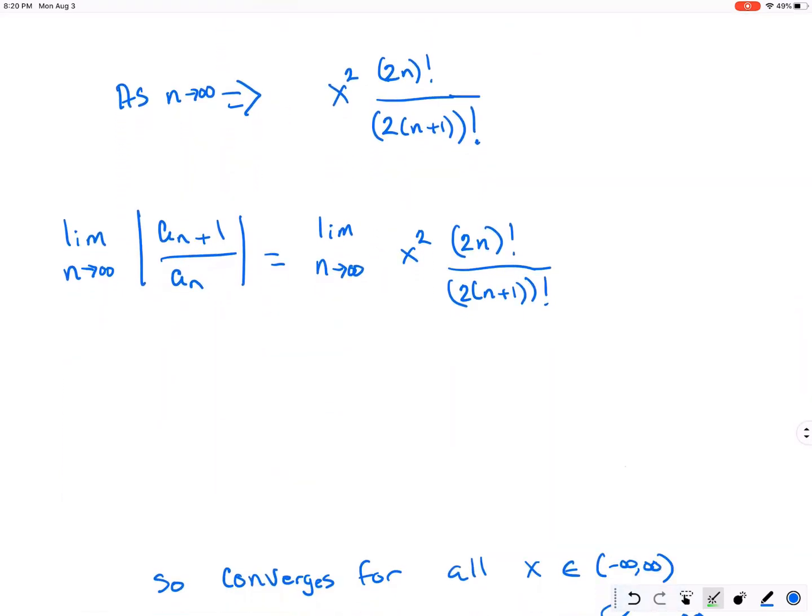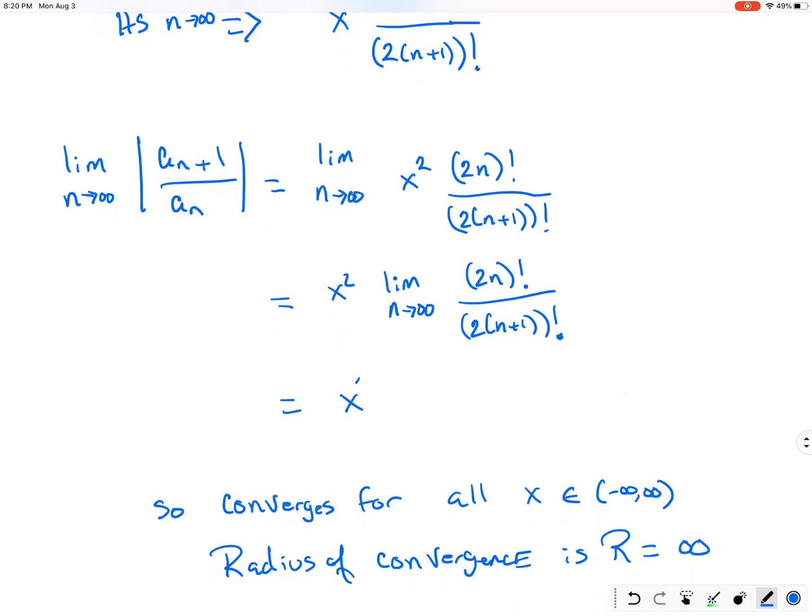So then what I'm going to do is take the limit as n approaches infinity, the absolute value of a sub n plus 1 over a sub n, and that's equal to the limit as n approaches infinity of x squared times 2n factorial divided by 2 times n plus 1, the whole thing factorial. And that's equal to x squared times the limit as n approaches infinity of 2n factorial over 2 times n plus 1, the whole thing factorial.